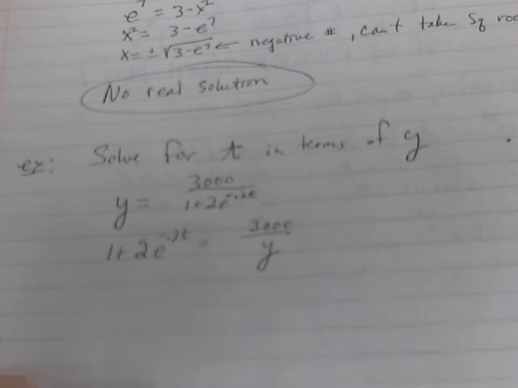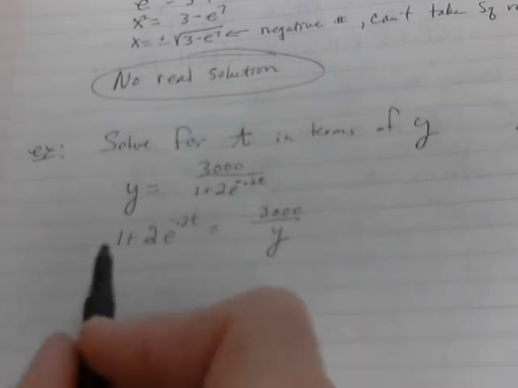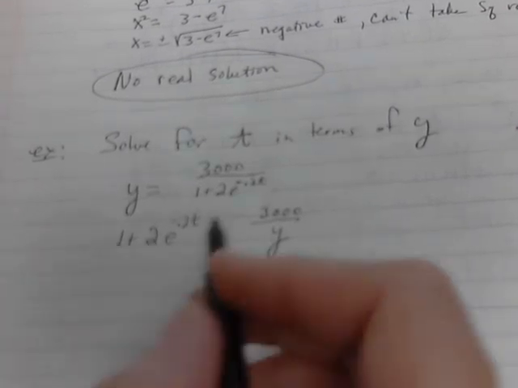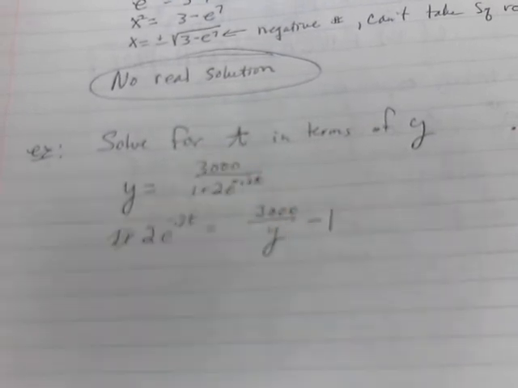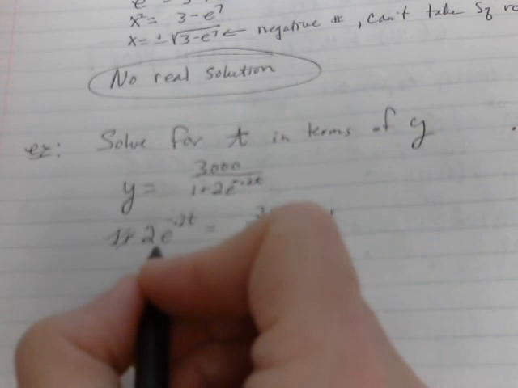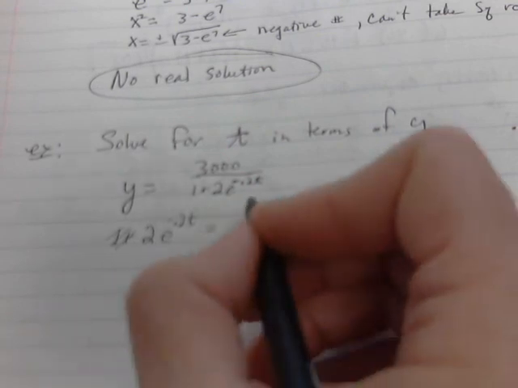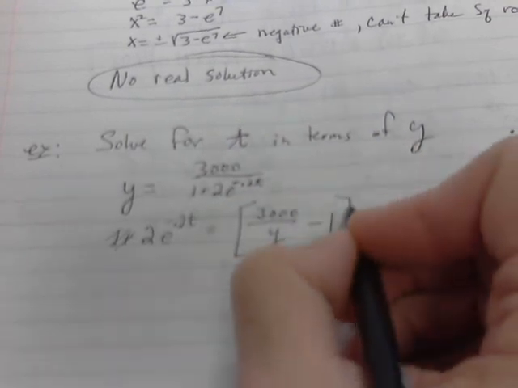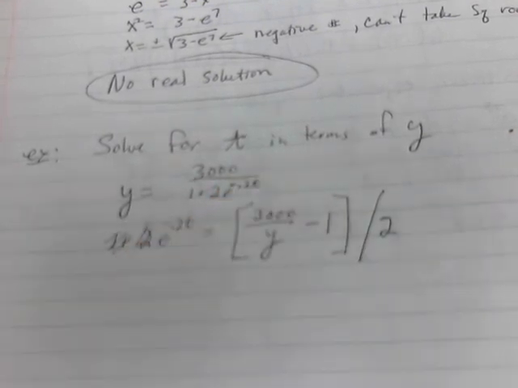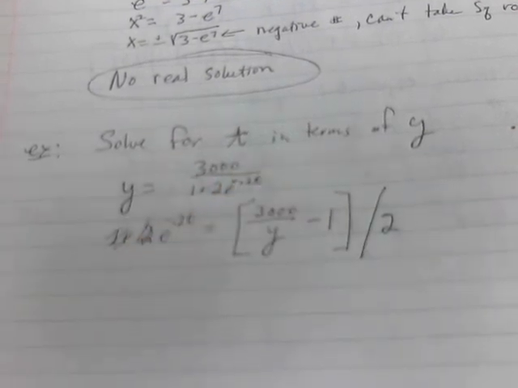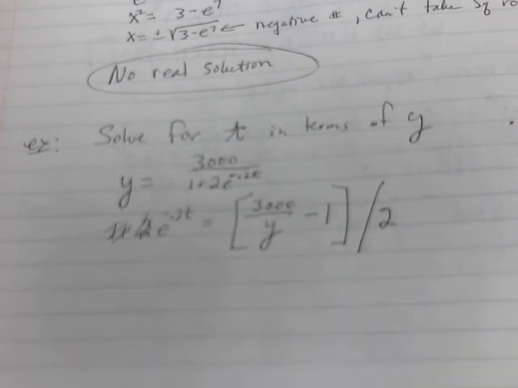And now we just have a couple of algebraic steps to do. You want to get rid of that 1 first, so you're going to subtract 1 from both sides. So there goes the 1. The next thing you're going to do is divide by 2 to get rid of that 2. So we're going to take that and divide the whole thing by 2. So now we have e to the negative 0.2t is equal to this expression.